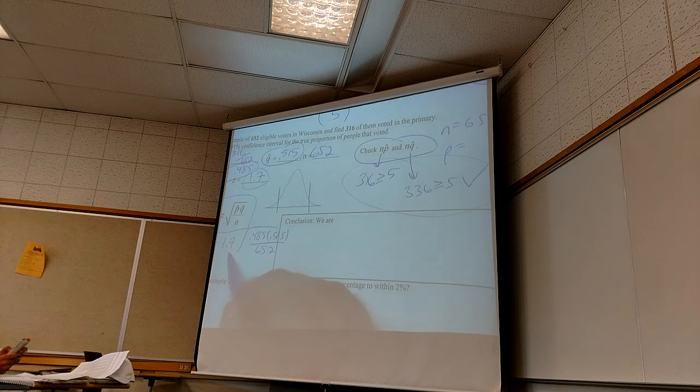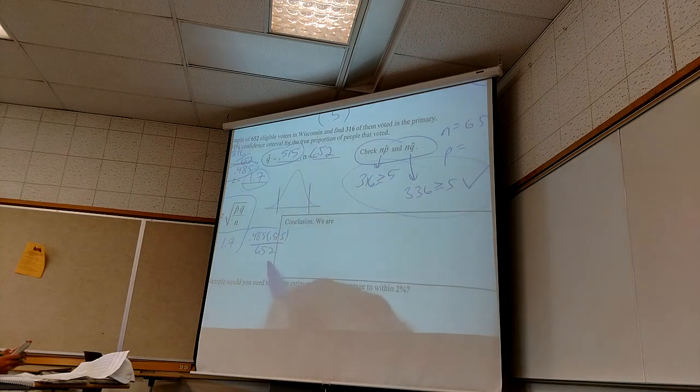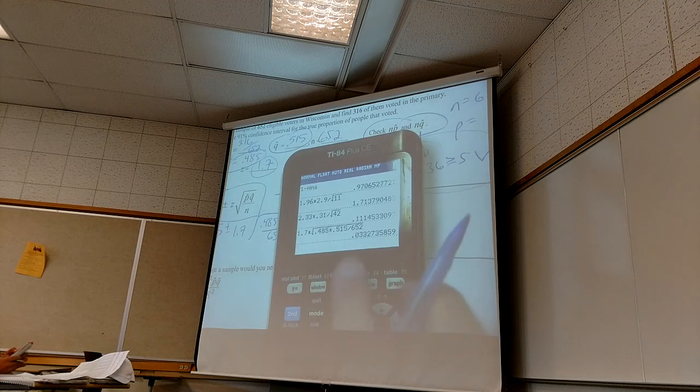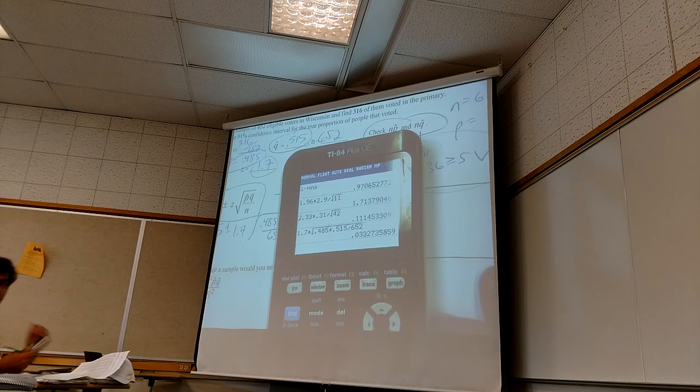Okay, so 1.7. That's the square root of p hat, q hat, divided by n, right? So there it is: 1.7 times the square root of that times that divided by that. Yeah, I got that. Your PEMDAS. What's the matter? I got 0.0196. I got the same thing as you.